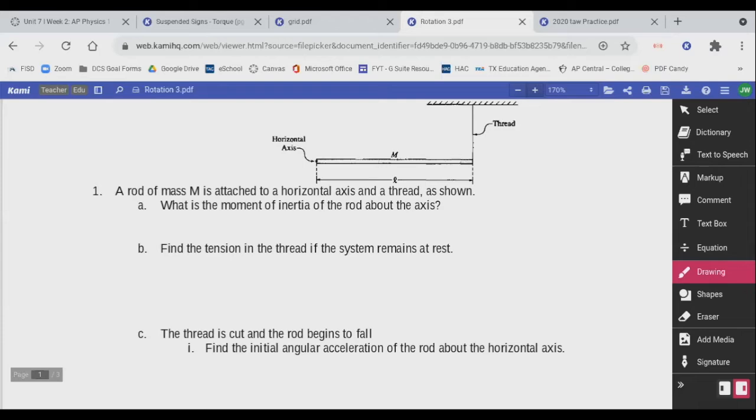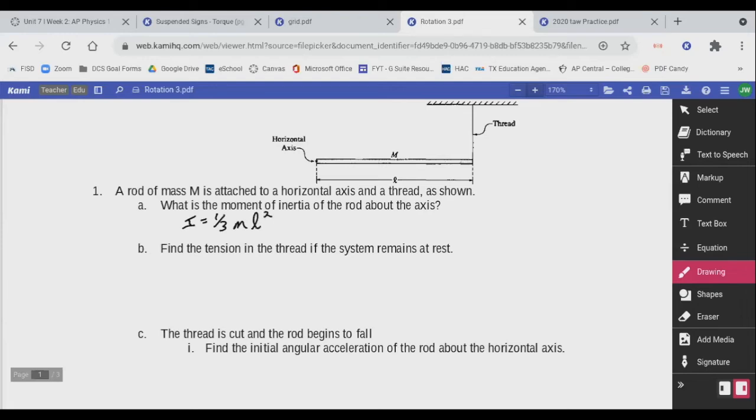If the pivot point is at the end of a rod, do we remember what our moment of inertia is? Remember, moment of inertia is rotational inertia. Do we remember what it is for a rod? Yeah, absolutely. So I is equal to 1/3 ml squared.